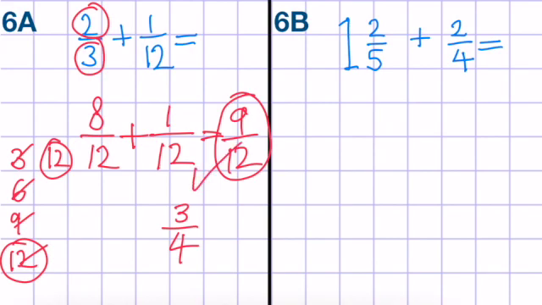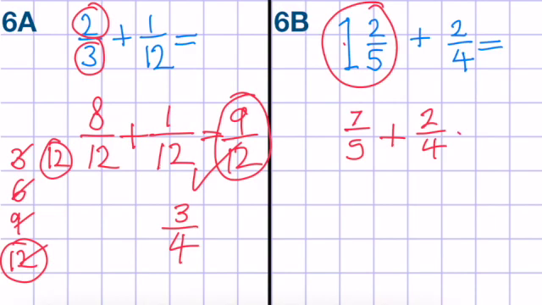Okay, over on this side, first off, we need to change the mixed number to an improper fraction. So 1 times 5 is 5 plus 2, so 7/5. Add 2/4. We've got different denominators, so we need to change those. So let's put our lines underneath.